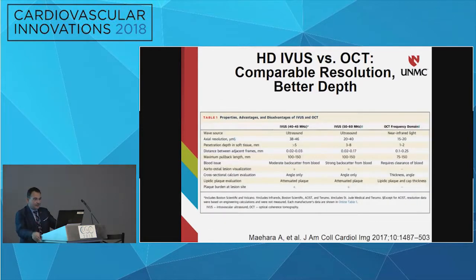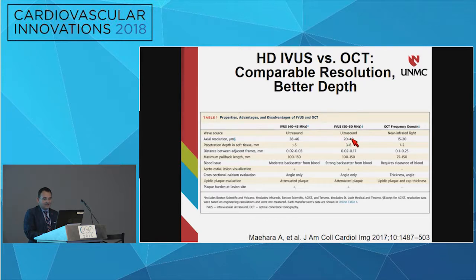And this is the comparison across the board between the standard definition IVUS, the high definition IVUS, and the OCT. So IVUS uses ultrasound, OCT uses near infrared light. The axial resolution with the traditional IVUS was more than 40 microns.